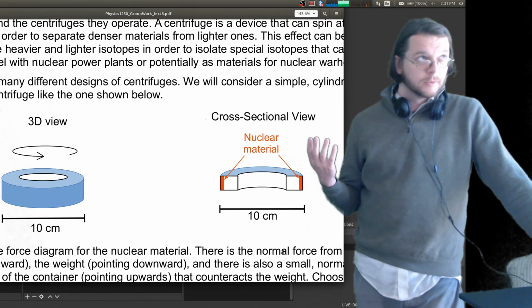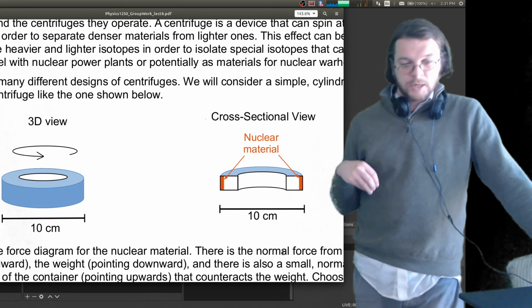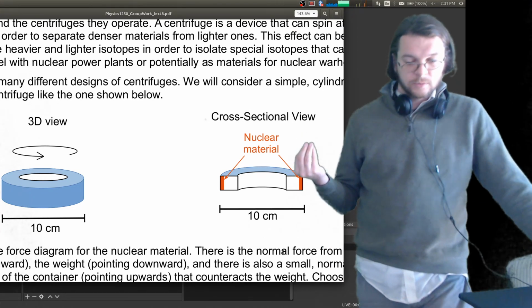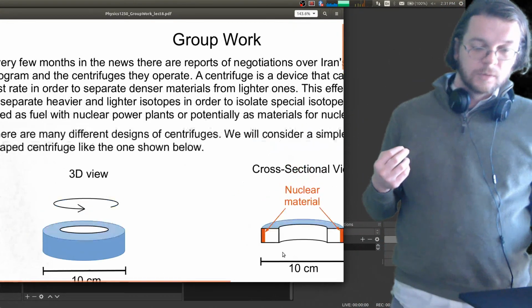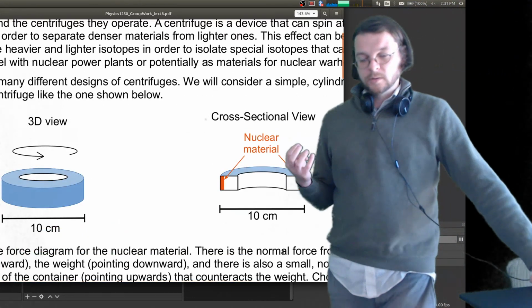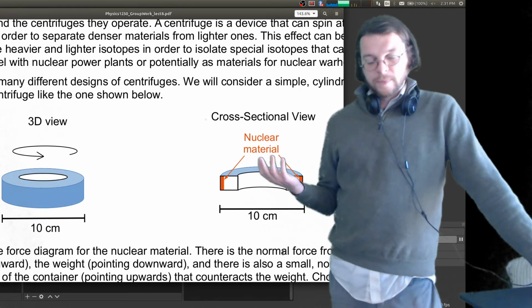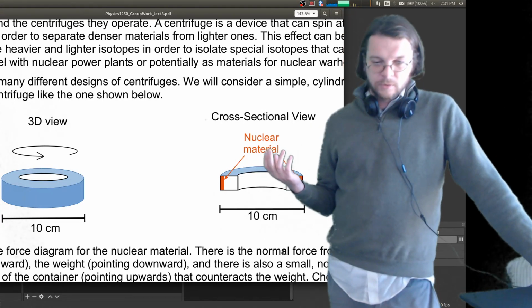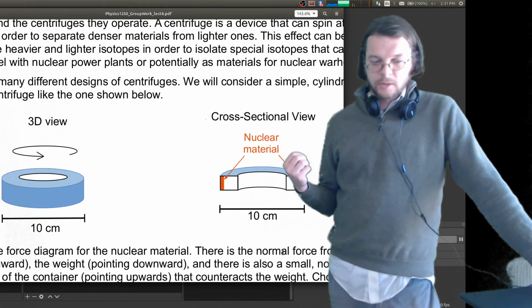So for example, there's uranium-235 and there's uranium-238, where 235 is the total number of nucleons in the nucleus, compared to uranium-238, which has 3 extra nucleons.